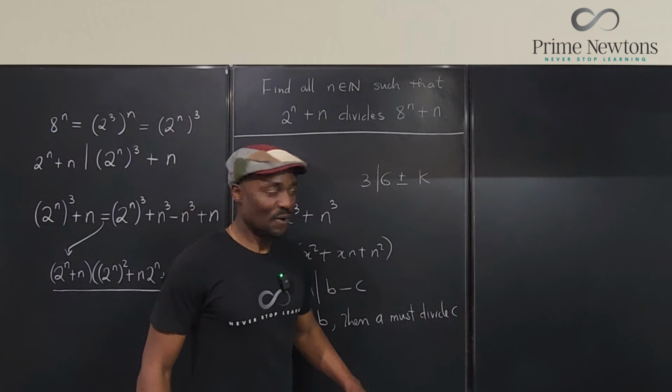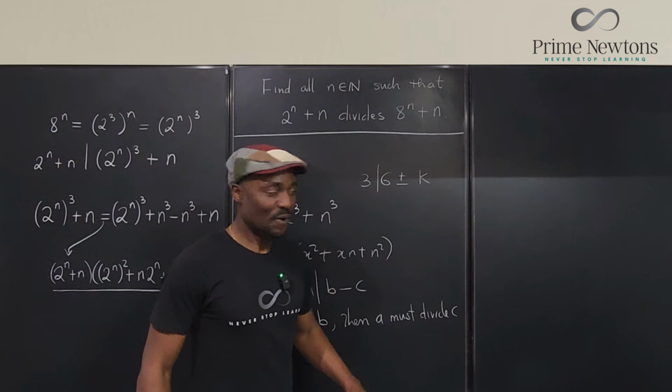Okay, so now what does this mean? This means that 2 to the n plus n must be less than or equal to this guy. Must be less than or equal to, you know what?